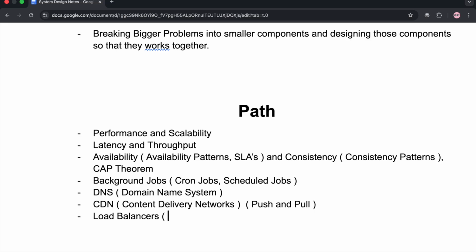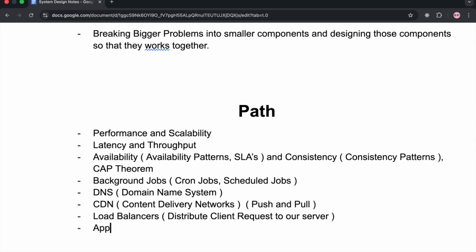When client requests come to our application, the load balancer helps distribute those client requests to our servers, right?